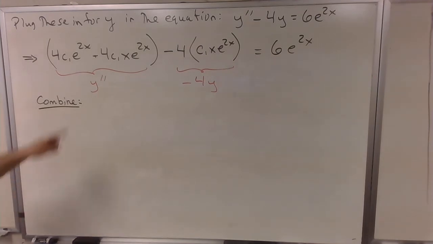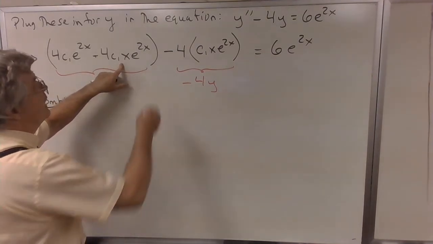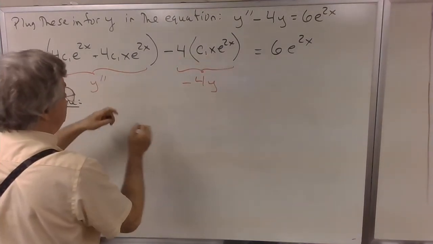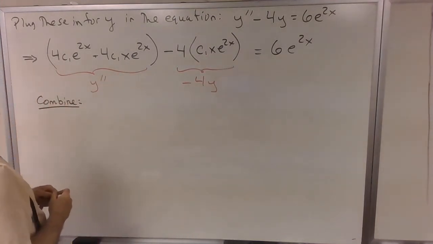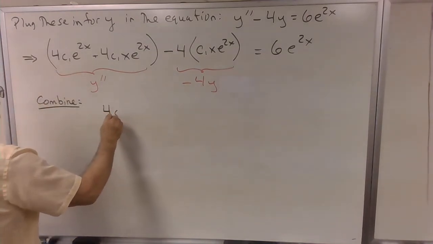So we have 4c1x e to the 2x minus 4c1x e to the 2x. That's 0. All we have left is this thing.